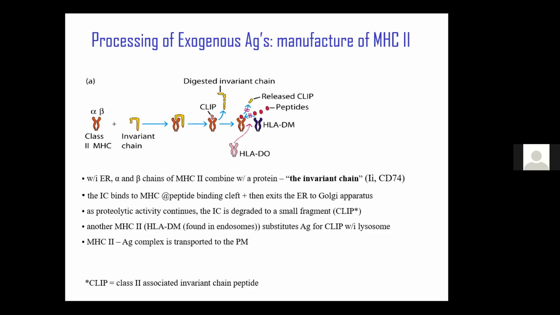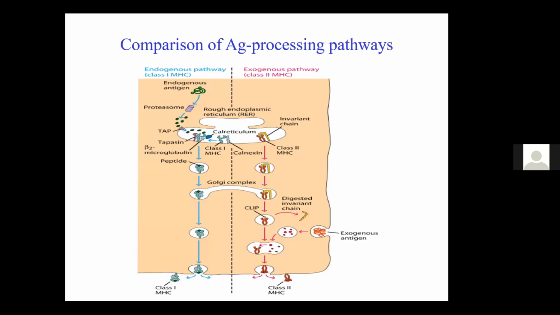And then finally, you have the expression and stabilization of MHC class 1. So those are the two critical differences that you can remember. And of course, MHC class 1 will be recognized by the CD8 and MHC class 2 by the CD4 cells or T helper cells whenever in association with antigens.